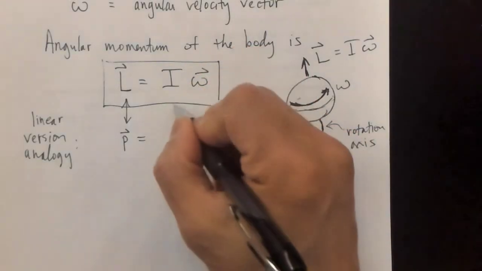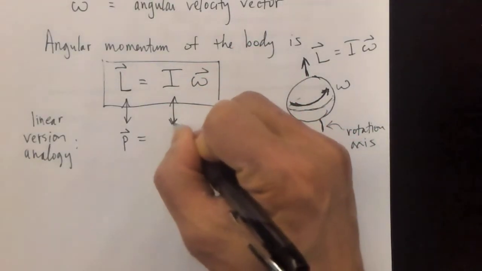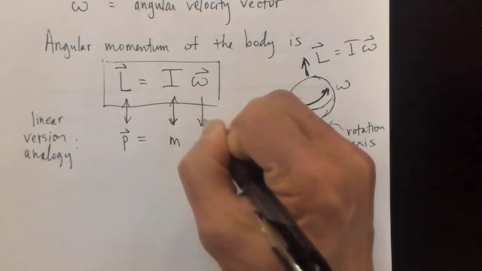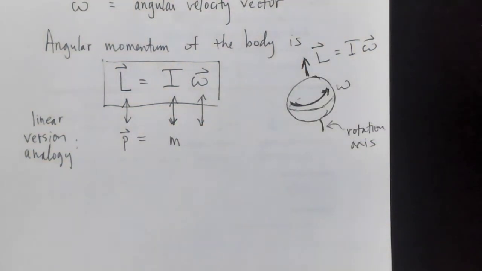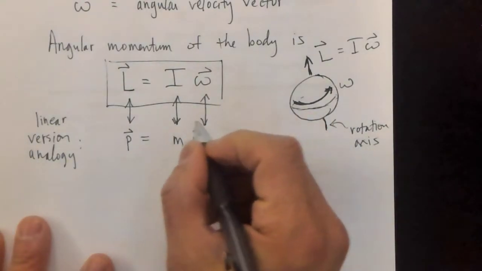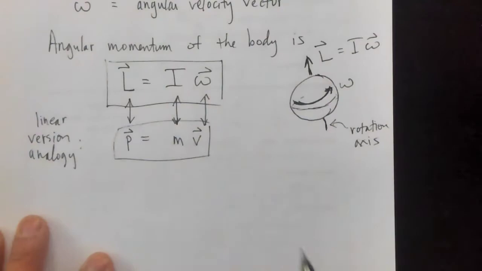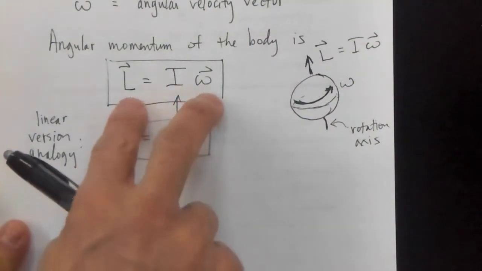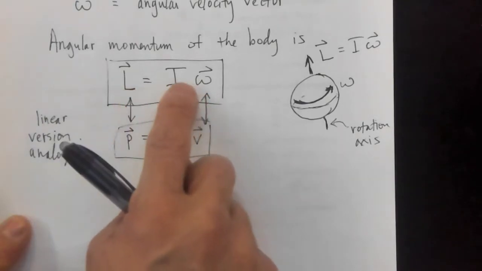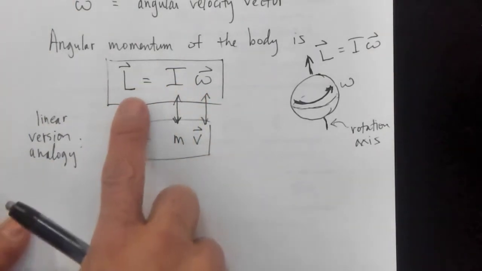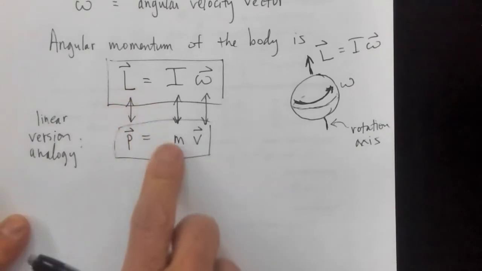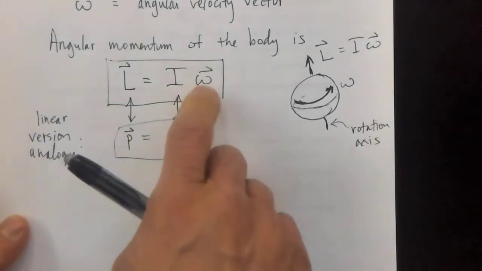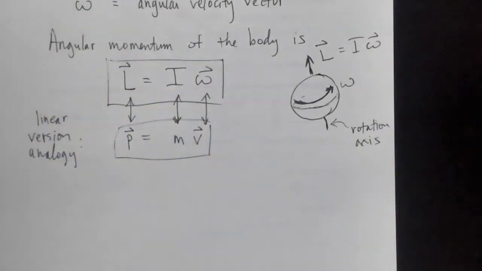Mass. What is the analog to angular velocity in the linear case? So that's why it's very simple to remember this formula. You just go from P to L, from M to I, from V to omega. Make sense?